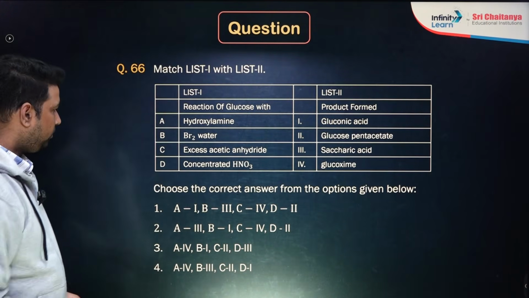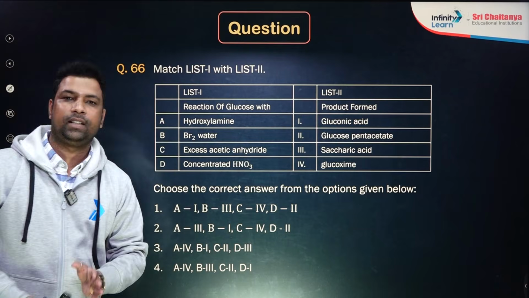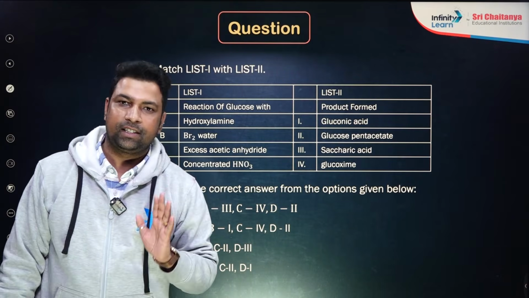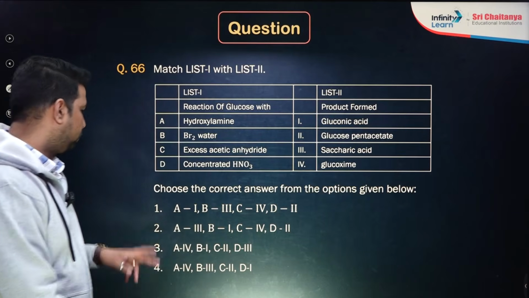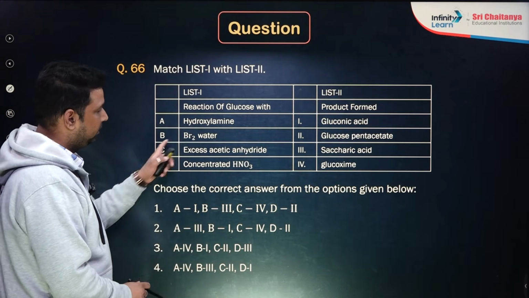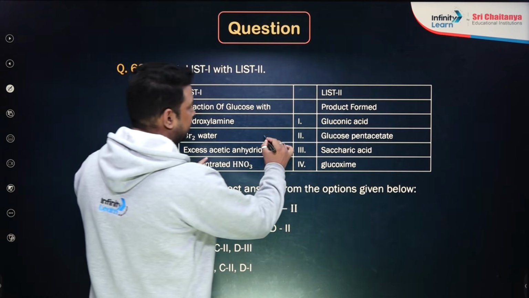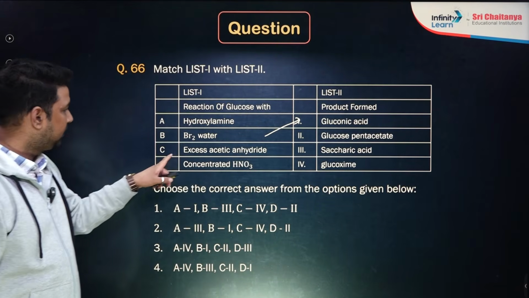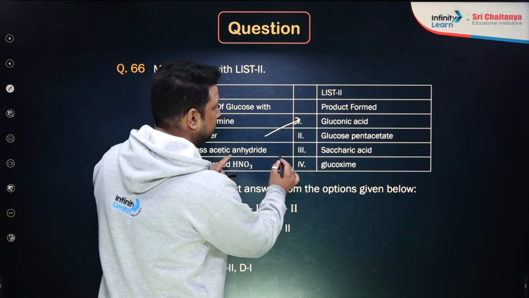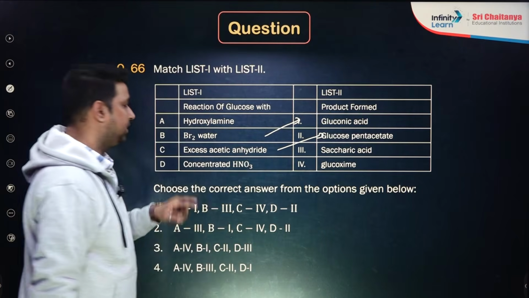List 1. It is just a confirmatory test that open chain structure having different functional group of the glucose. Okay. So you can select B. B gives gluconic acid. Everyone knows that. And C gives pentaacetate.